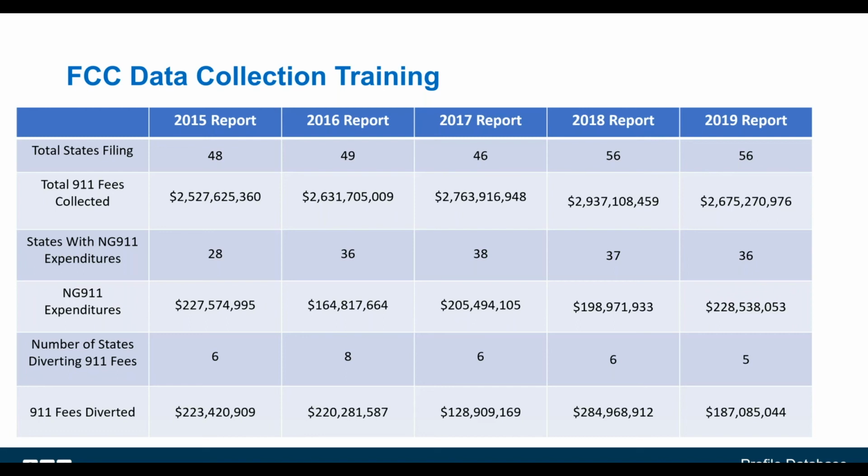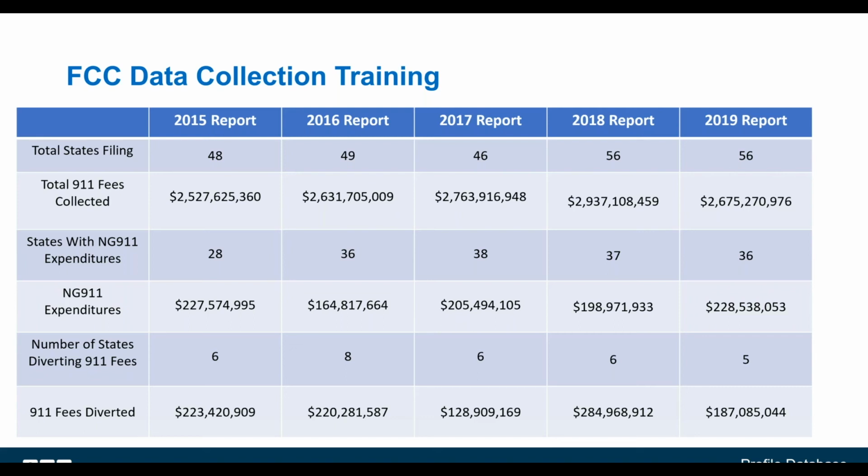Regarding state NG911 expenditures, 36 states have reported next generation 911 expenditures, which is again consistent with what we've seen in recent years. Same thing with the expenditures. We saw a slight uptick in NG911 expenditures in the 2019 report over 2018, and the number is fairly consistent with previous reports going back to 2015.